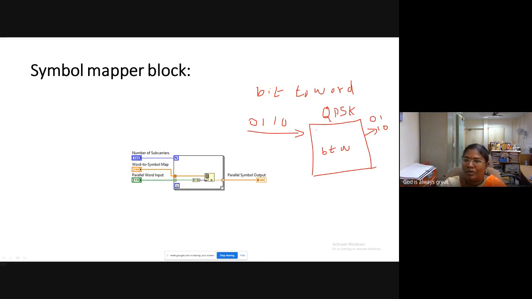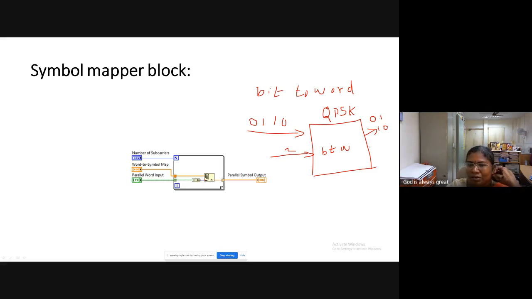If it is 16 QAM modulation, it should give 4 bits as output. This is what your bit to word converter does, where you have just an input stream like this, and the number of bits per word is given as input here, 2 bits per word or 3 bits per word, based on the type of modulation. 2 bits per word means it's QPSK modulation. 3 bits per word is 8 PSK modulation.